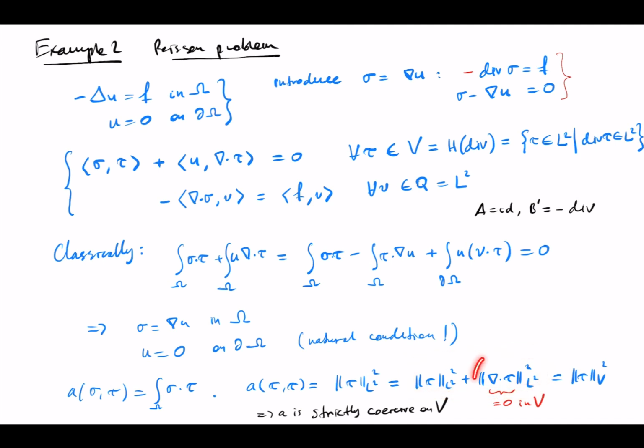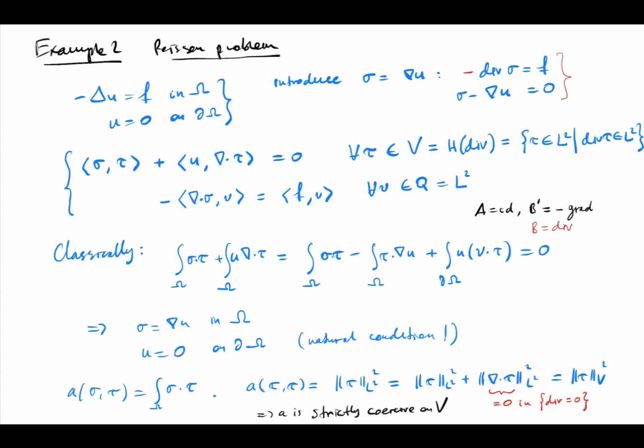But we can add this term just for free because B prime is the gradient and B is equal to divergence. So the kernel of B is the divergence-free space.